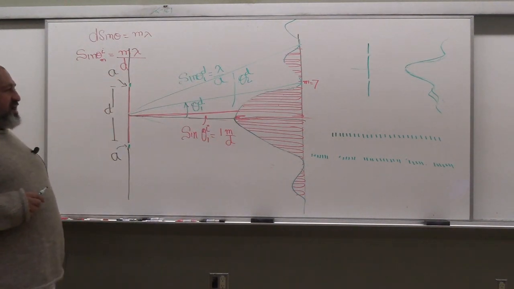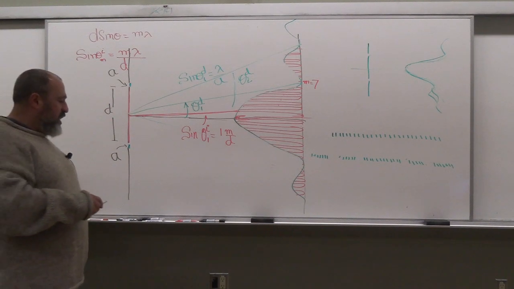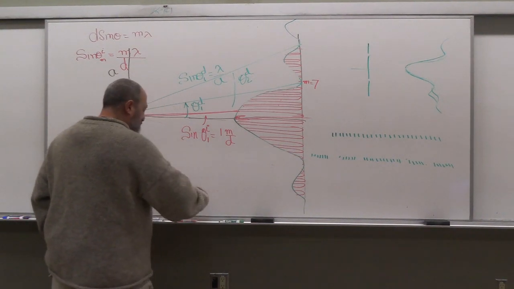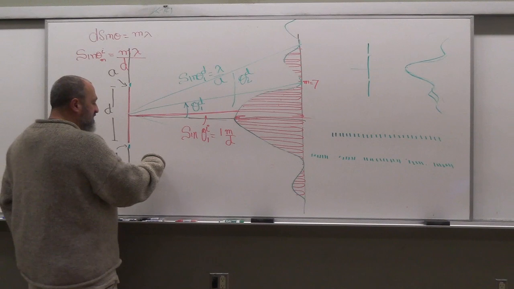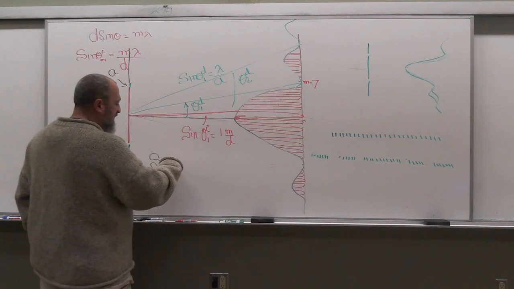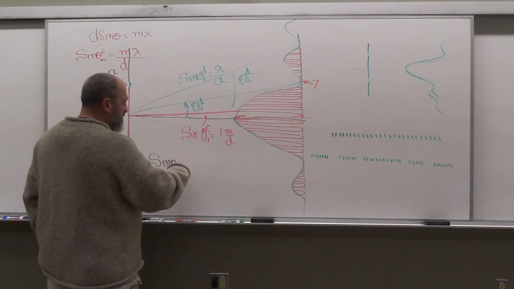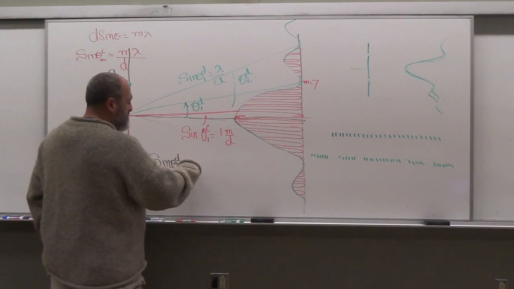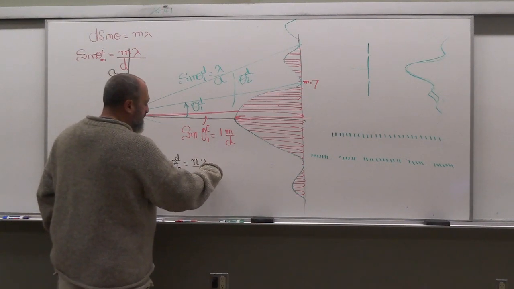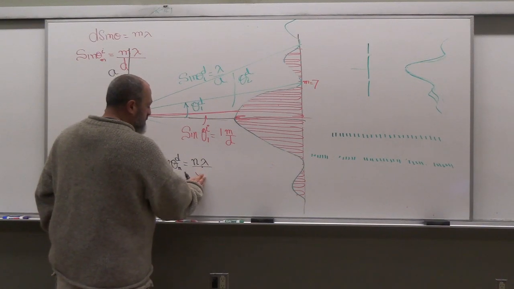So the interesting question, guys, is, in summary, where do we find the diffraction minima? Diffraction minima are located at sine theta n for diffraction, given by n lambda over a.